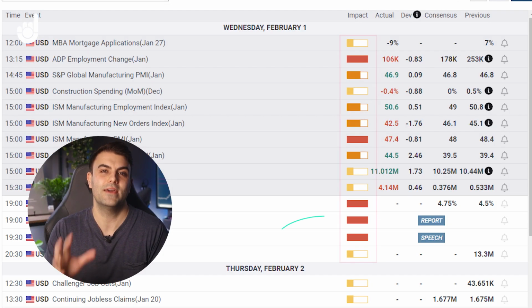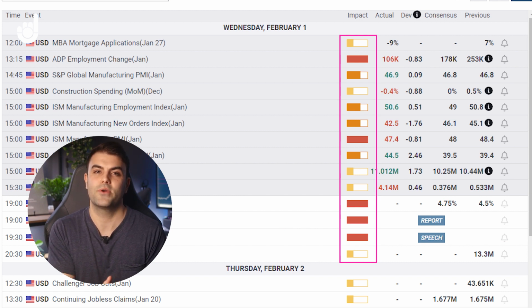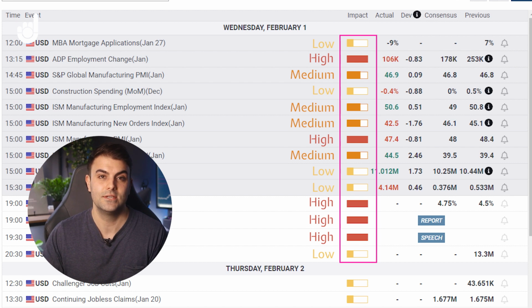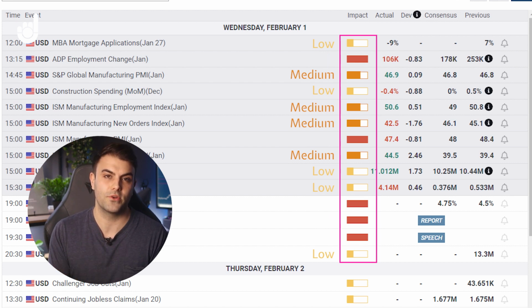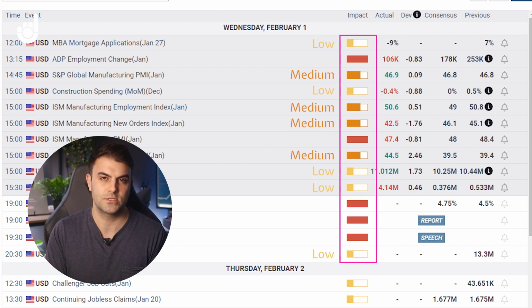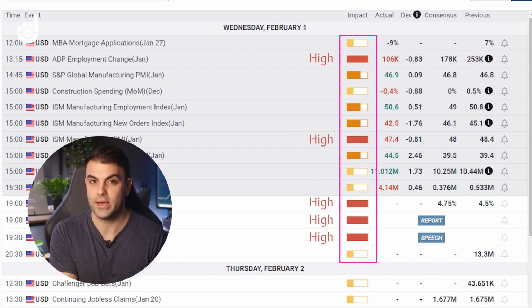Then we want to look at the impact, otherwise known as the volatility of the release. Normally this is rated as low, medium or high, but different calendars may have their own approach to this. But basically a low or medium release may move the relevant markets slightly, but they're usually not too much of a problem, only in some situations, which we'll discuss at another point in time. Whereas high volatility releases are the ones that we really need to pay attention to.